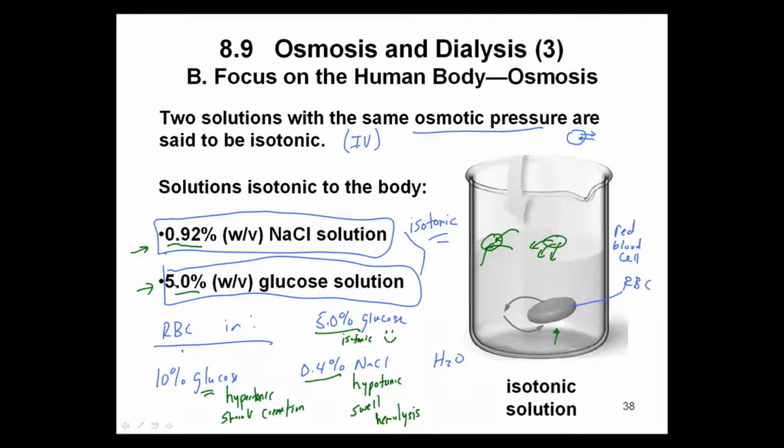Our last one is water. Now, water is actually a hypotonic solution. So people think, hey, it's water, it can't be bad. But if you have pure water, basically it has nothing dissolved in it.